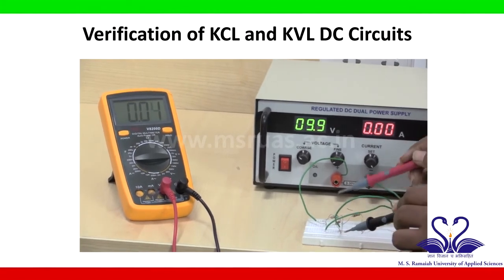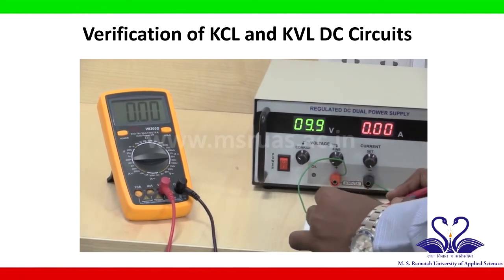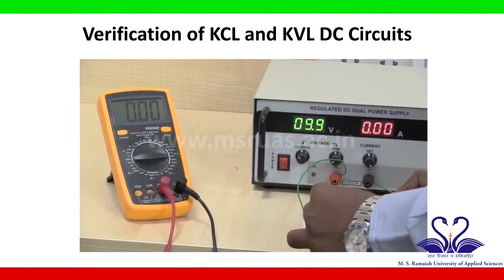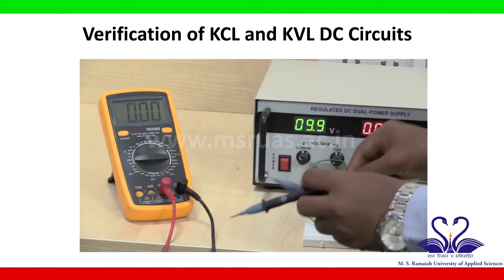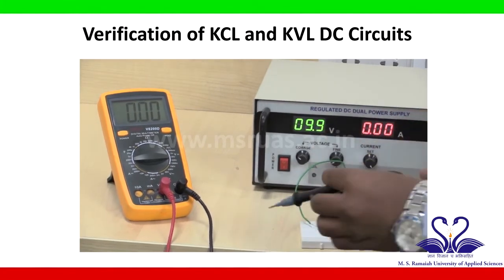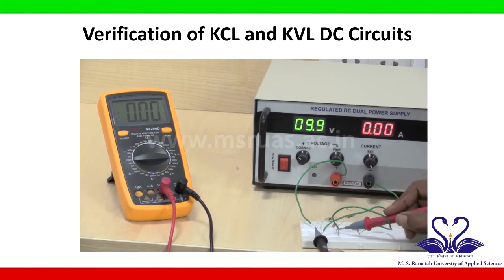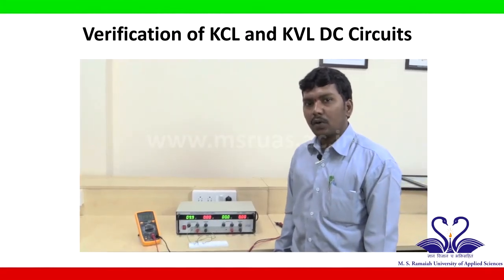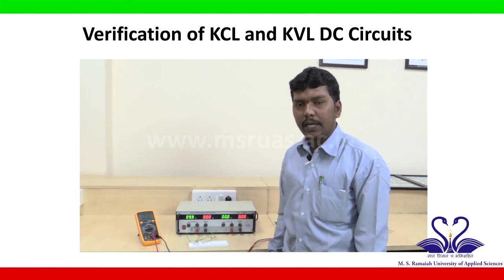And in a similar way, the voltage across R3 is 2.02 volts. So now voltage across R1, R2 and R3 are measured using the multimeter.